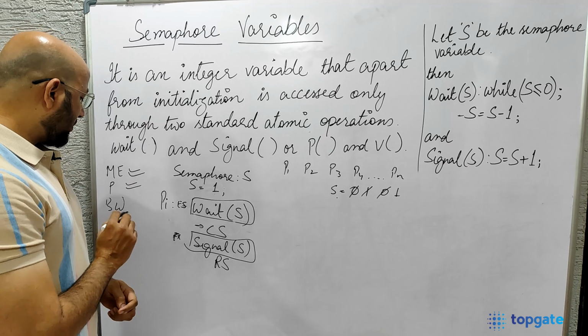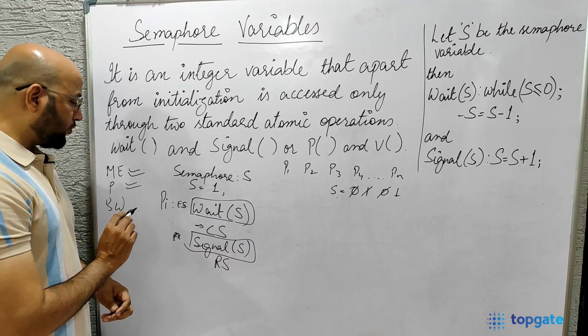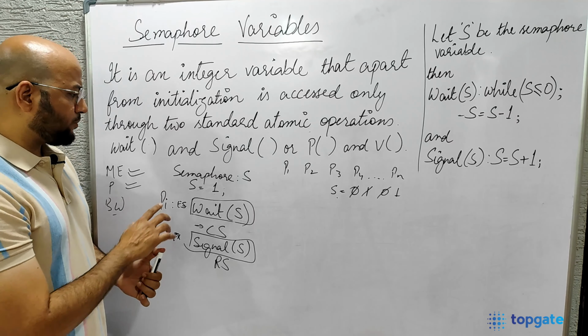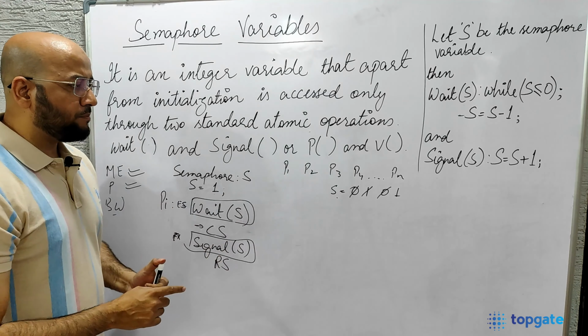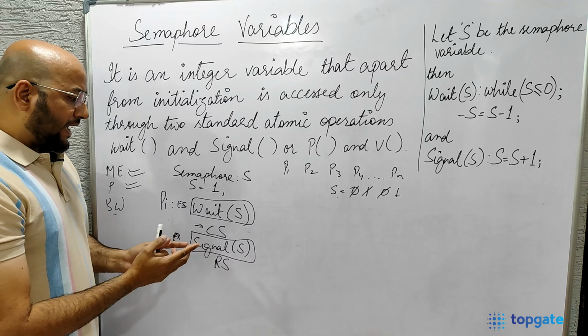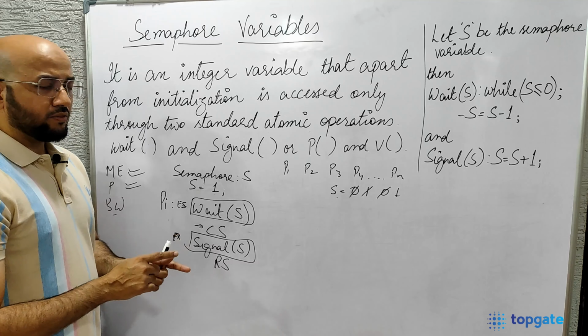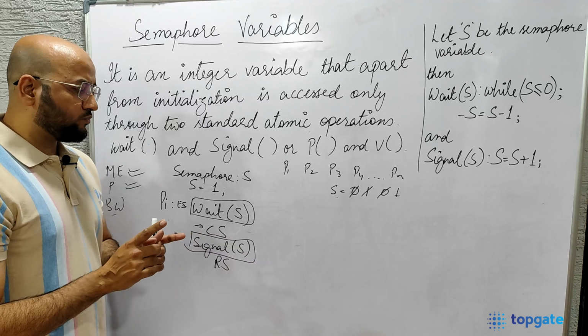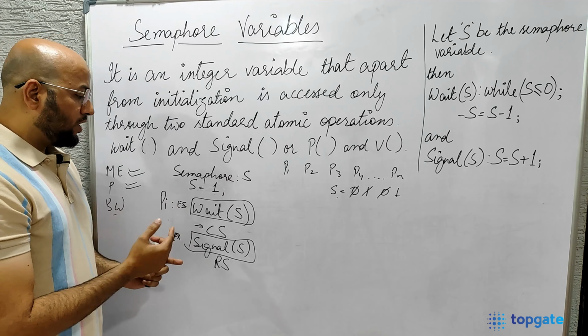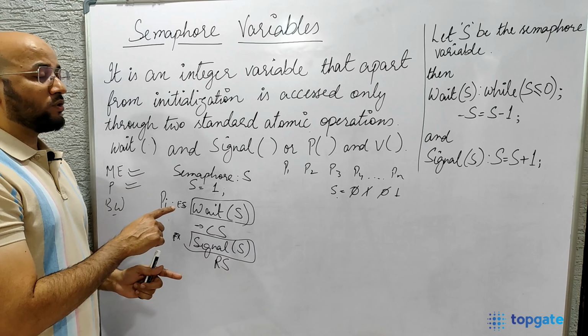Now, what about the last requirement, that is bounded waiting? Take a scenario where there are processes P1, P2, P3, P4, and P1 goes to the critical section. While P1 was working in the critical section, P2 requests to go to the critical section, P3 also requests, P4 also requests. So P1 can again go to the critical section.